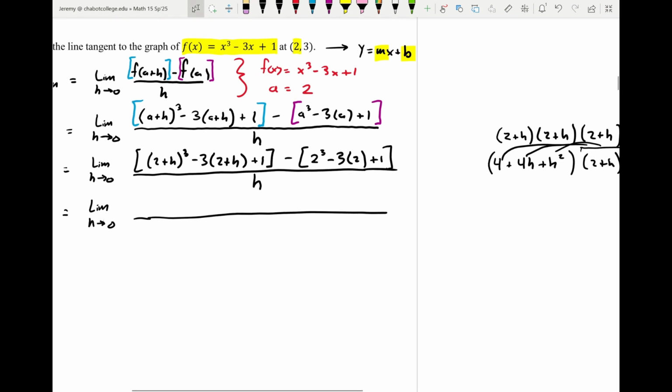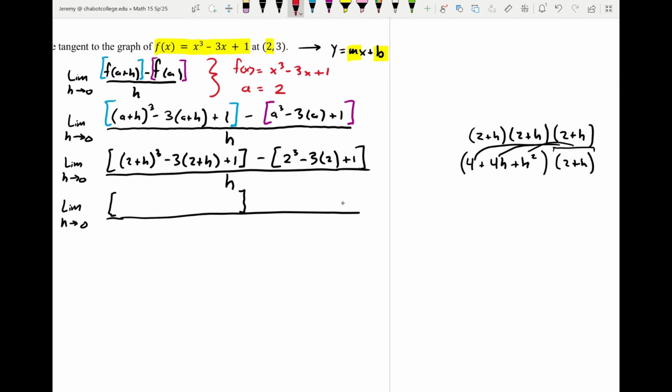Okay, so you can do all that, but I'm going to skip ahead a couple steps just to save time on the video. Here's what I get after simplifying. So multiplying that out there, I have to distribute this -3 into here, and then I have to add the 1.